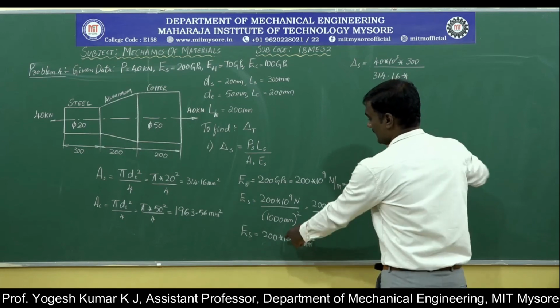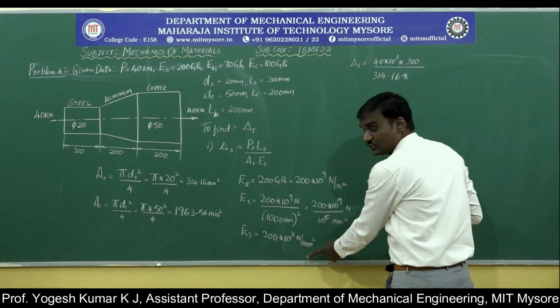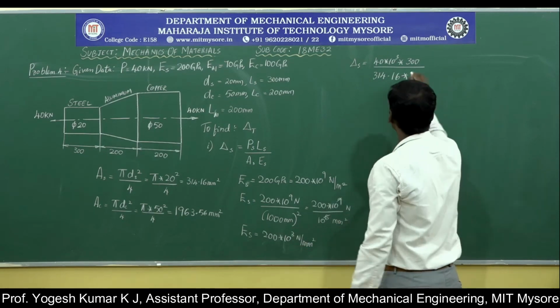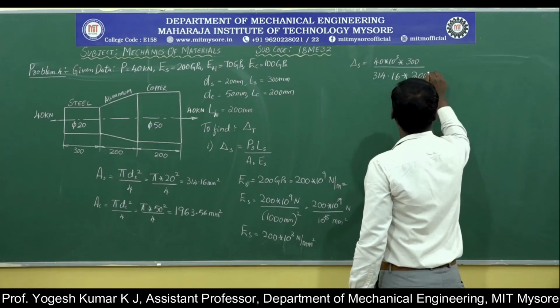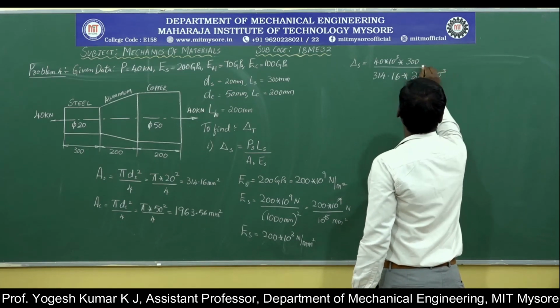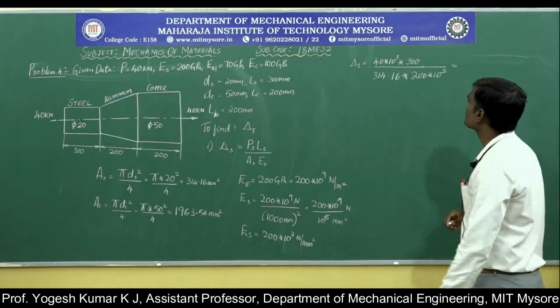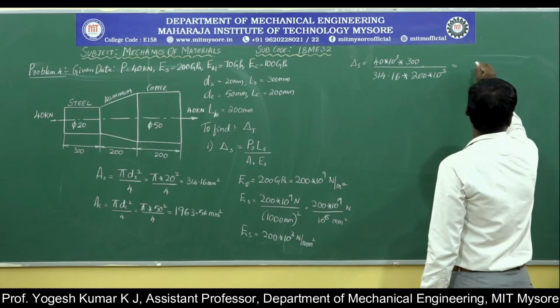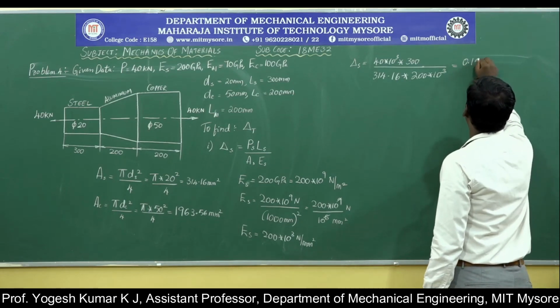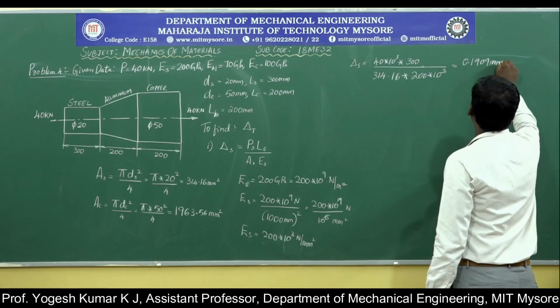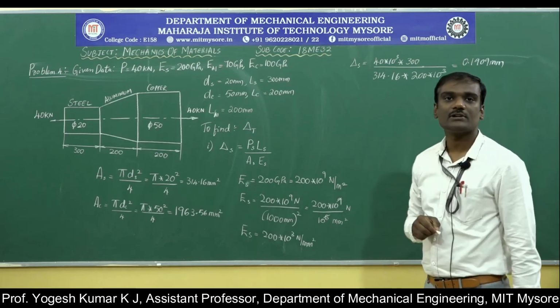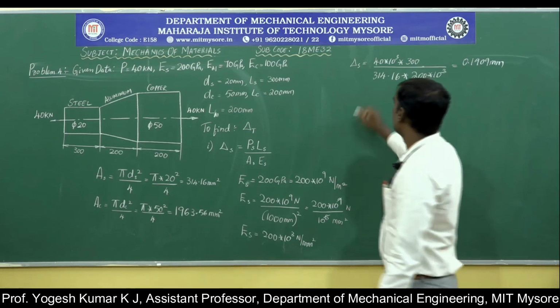Young's modulus of steel, I have converted the gigapascals to Newton per millimeter square. Carefully observe that. So it will be 200 into 10 power 3 Newton per millimeter square. After calculation, we get the elongation of steel as 0.1909 millimeters.